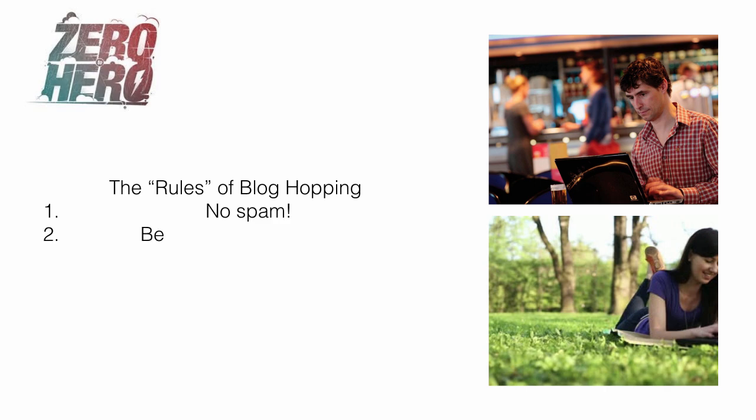Number 2, comments should be bespoke, and this is linked to the first rule. You don't want to be putting a standard cut and paste comment the same on every site. You should put something specific to the site that you're visiting, and you should also try and mention something specifically in the post so that people know it's a bespoke comment. And of course, the comment that you make should add value.